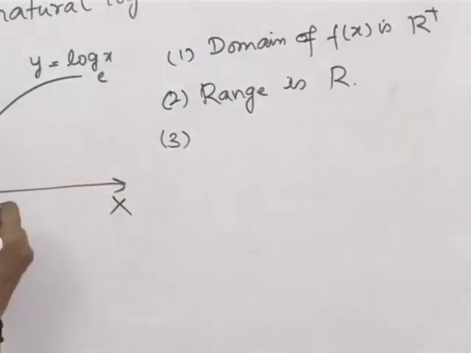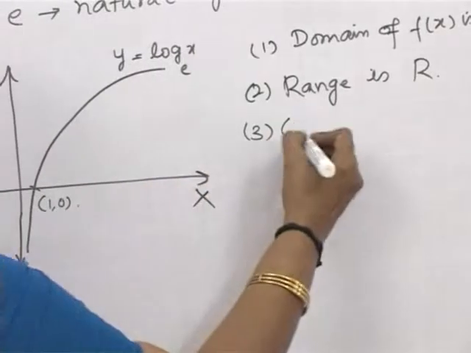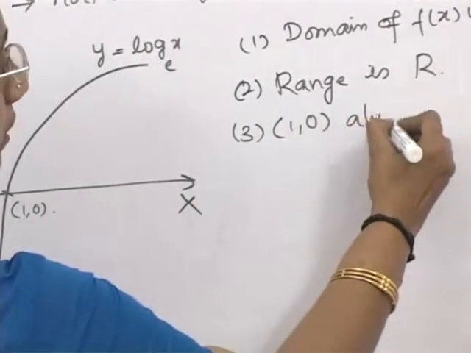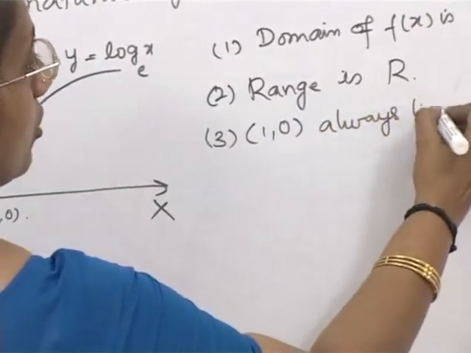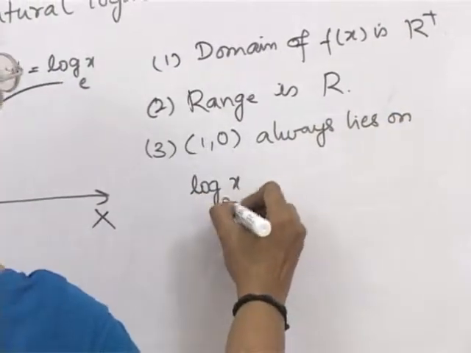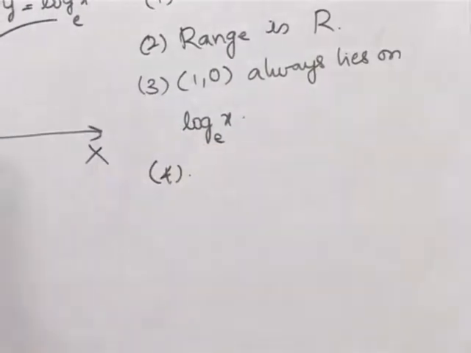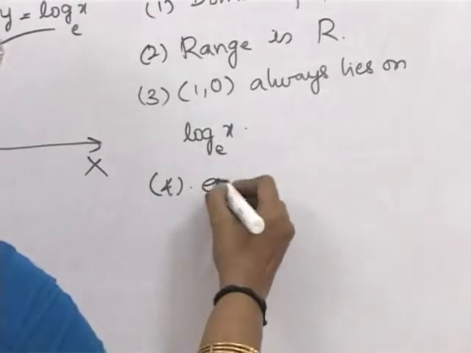So the point of intersection of the graph with the x-axis is (1, 0). So (1, 0) always lies on the graph. And we can also see that the function is an ever increasing function.